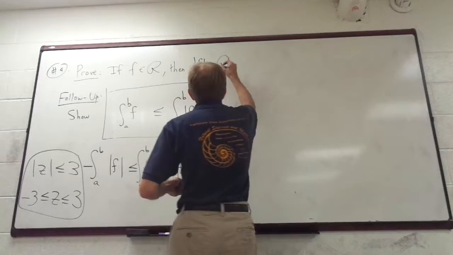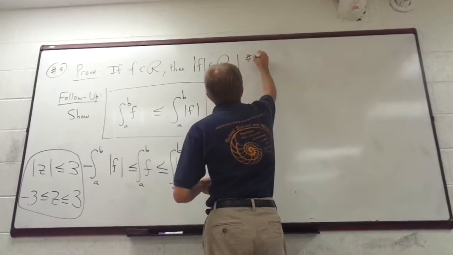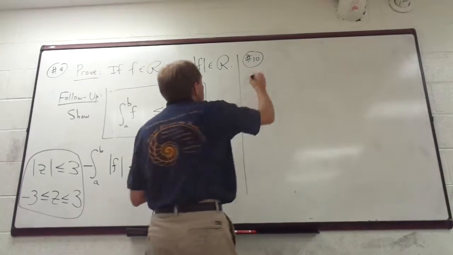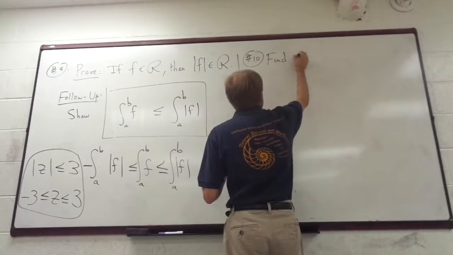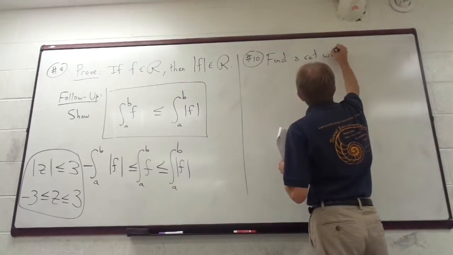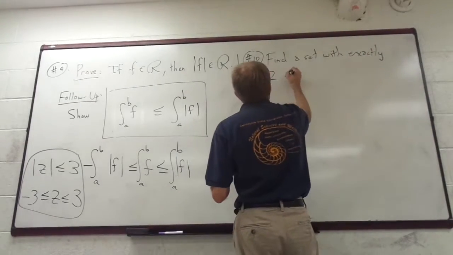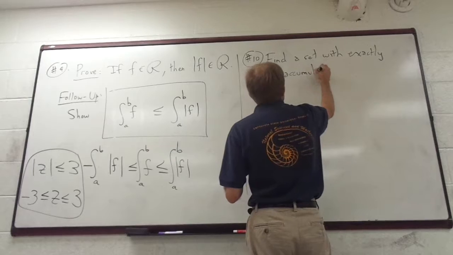Okay, so number 10. Find a set with exactly 2 accumulation points.